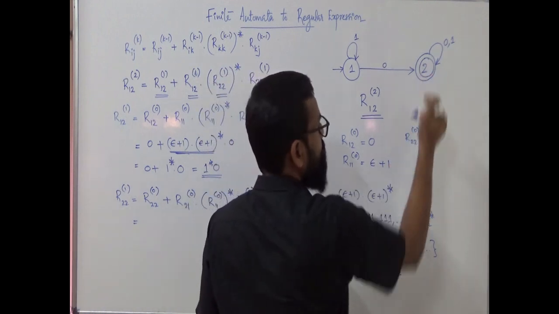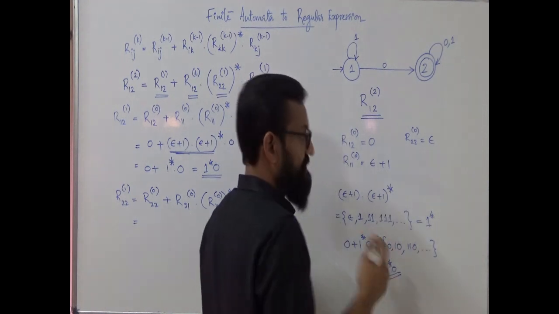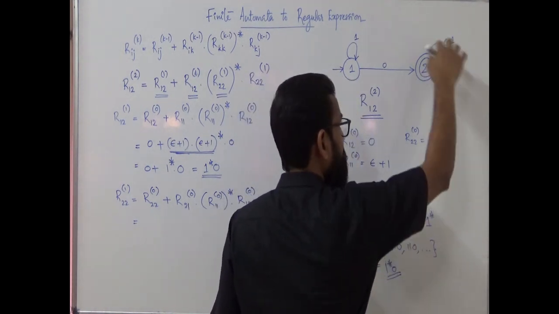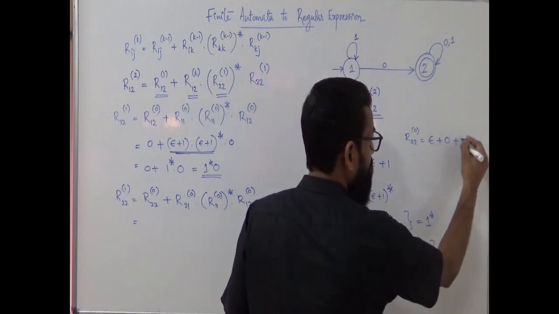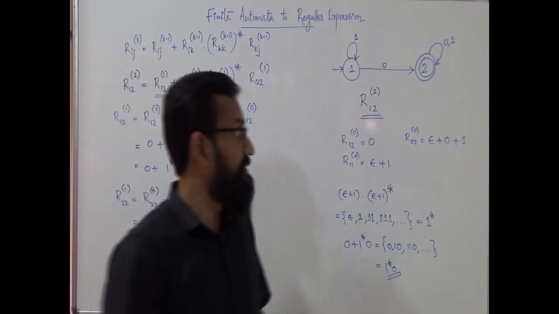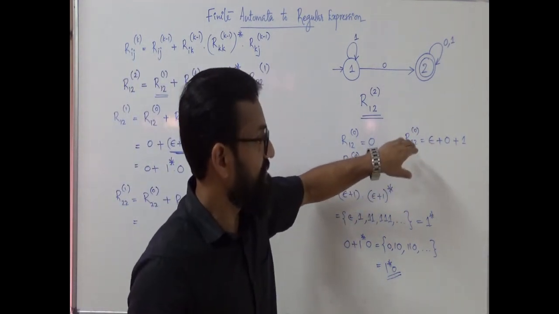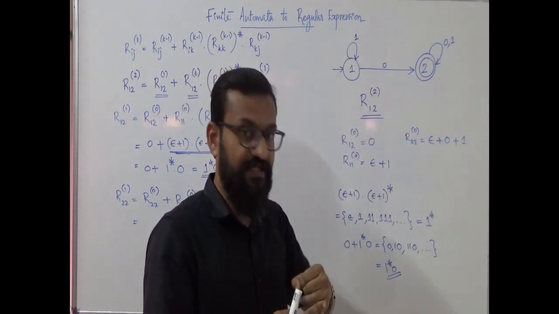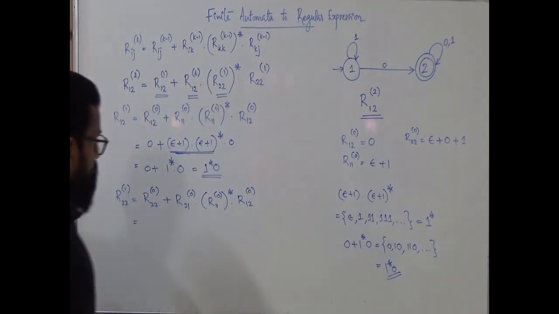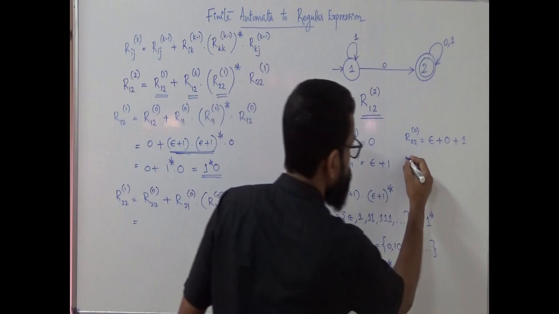So from 2, without consuming anything, it can remain in the same state, or by consuming a 0 it can again remain in the same state, or by consuming 1 it can remain in the same state. So without any intermediate state we have 3 options from state 2 to 2: without consuming anything, by consuming a 0, or by consuming a 1.